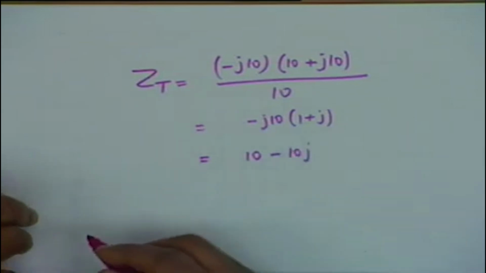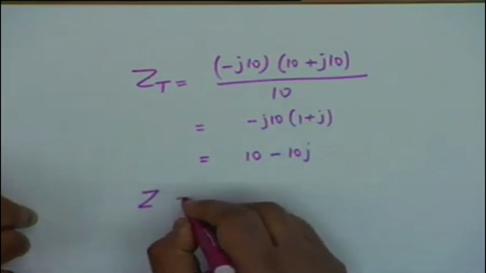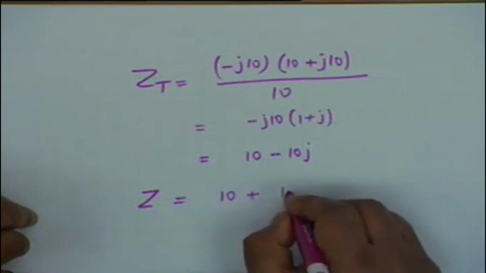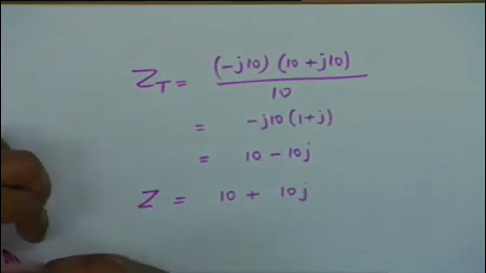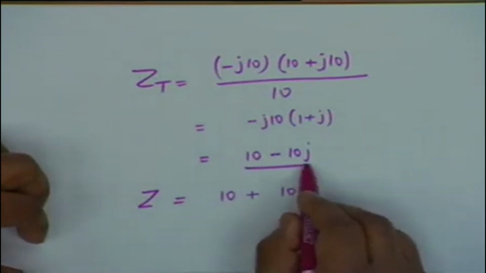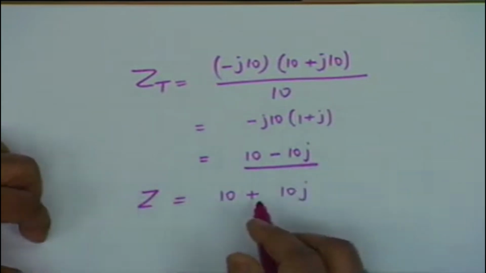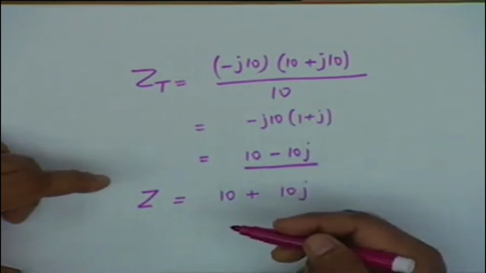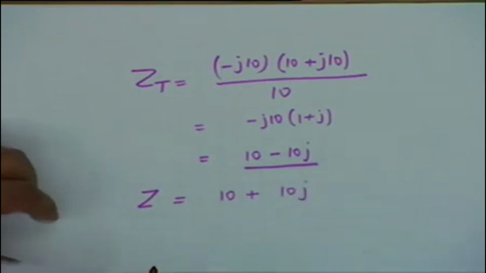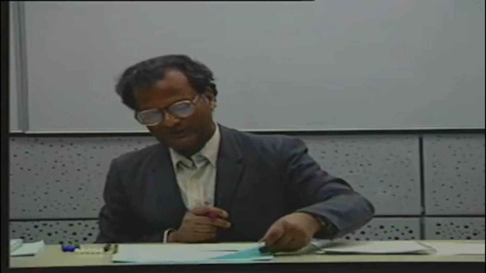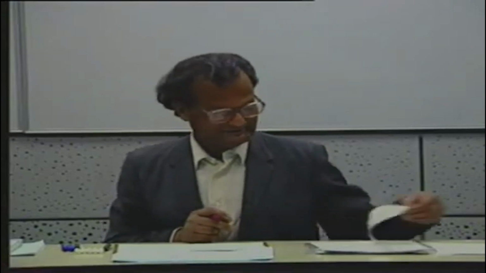Is that okay? Therefore, all that you need is Z should be equal to 10 plus 10J. In other words, the source is now capacitive because the reactance is negative, and therefore your load should be inductive, and they should match each other. The resistive components should be equal, the reactive components should be equal and opposite of each other.